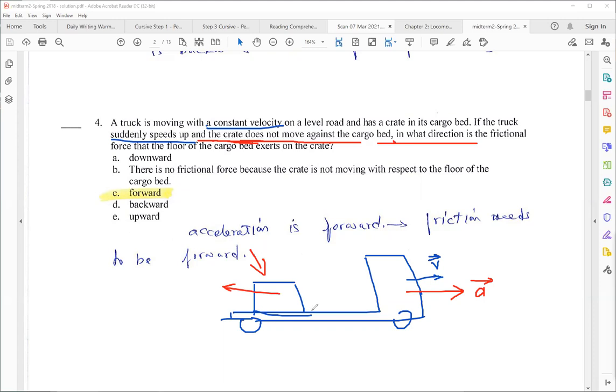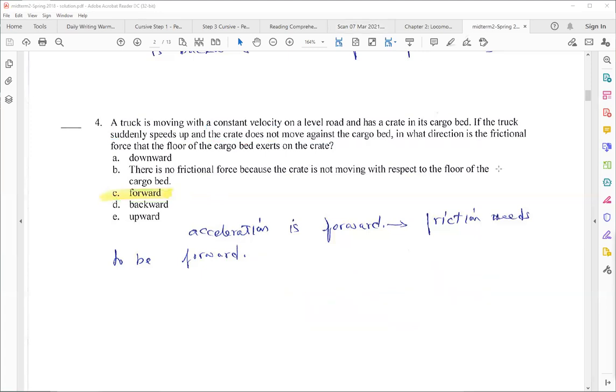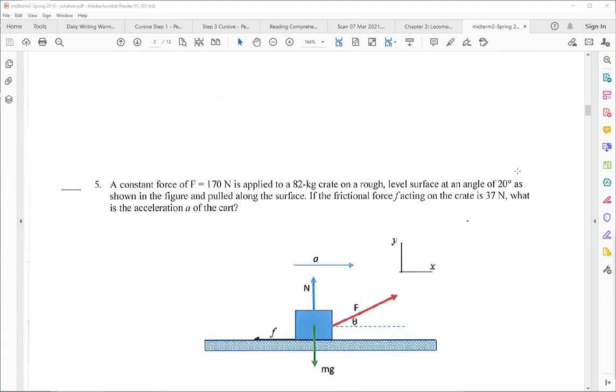That can only be because of what? Because of friction. And this friction has to oppose the backward motion, which means it's pointing forward. This will be your friction. So it's moving forward in this case. And you had similar questions in the homework to illustrate the idea.